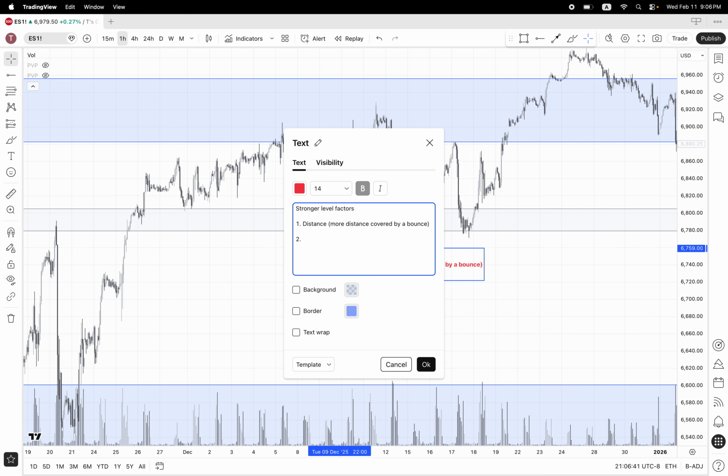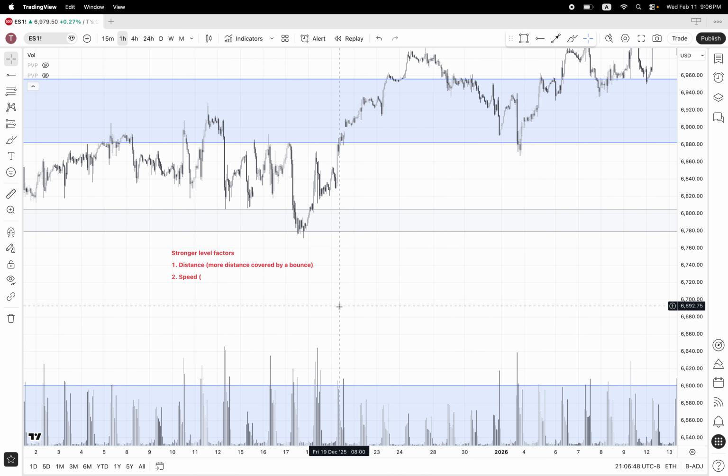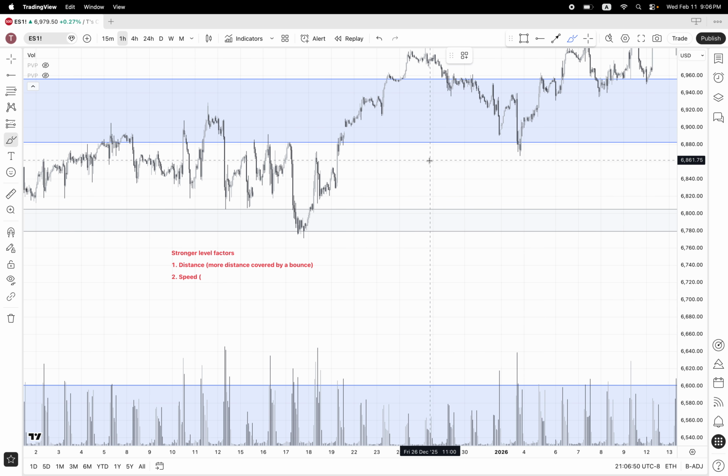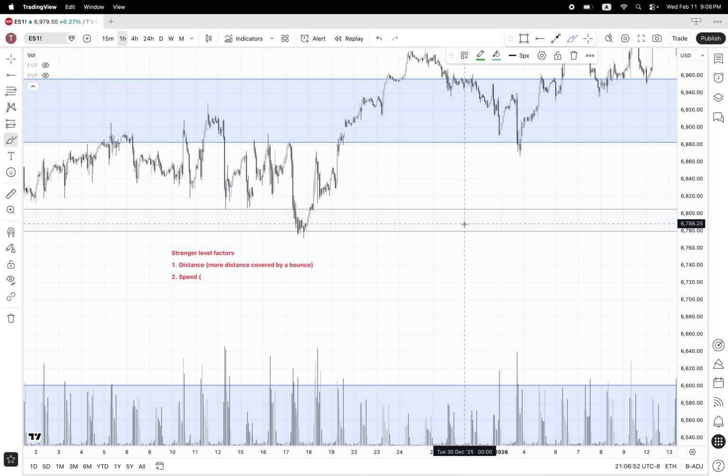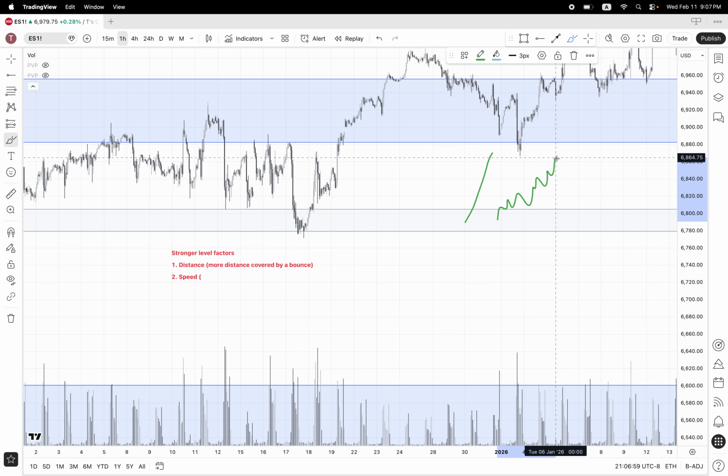Second would be speed. And what I mean by that is, first, how quickly does it bounce? Does it bounce slowly? Is it grinding? Or is it one swift hourly candle?